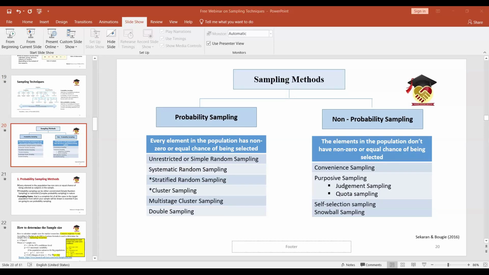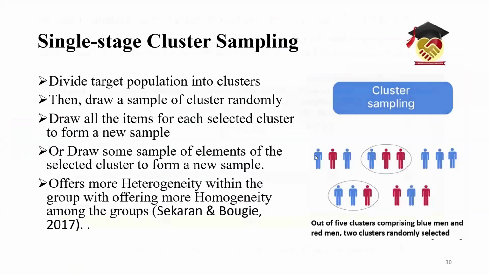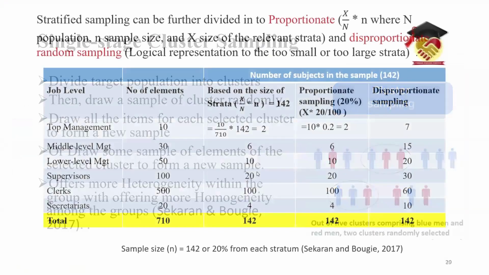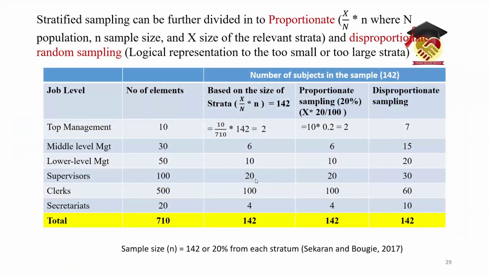But it is better to go for disproportionate if you have extremes like 2 and 400. Otherwise, for example, if you have 10 and 15, then you don't need to go for disproportionate. That's a very good question.